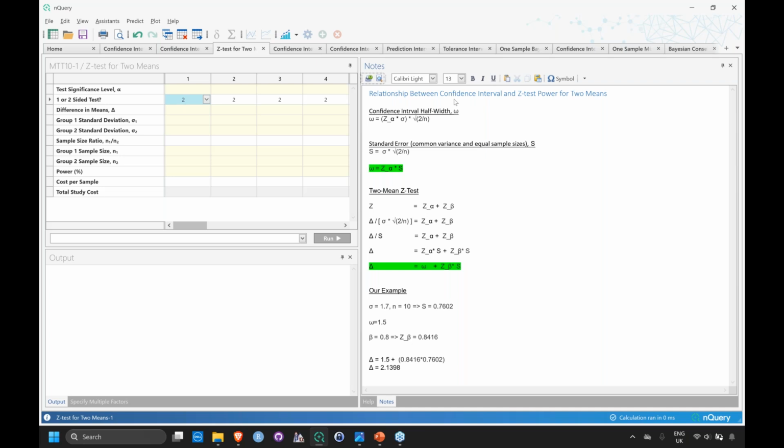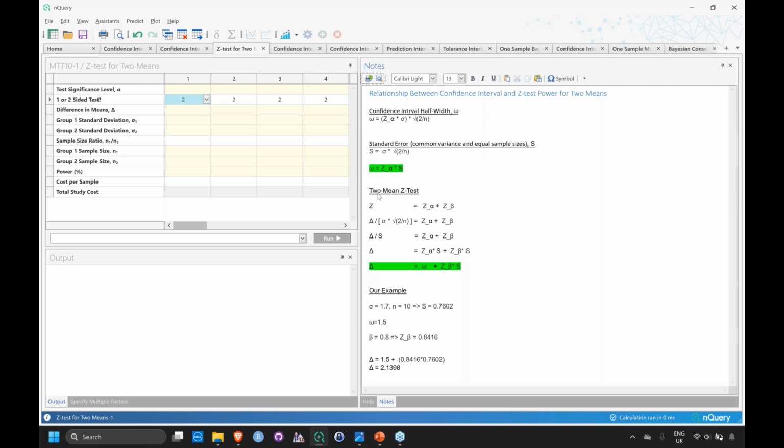Then for equal variances and equal group sample sizes, the standard error, denoted S, can be calculated as follows in terms of the common standard deviation and the sample size per group. So that's very straightforward. And this allows you to express the width in terms of the standardized Z statistic for the significance level and the standard error. I've highlighted that in green.